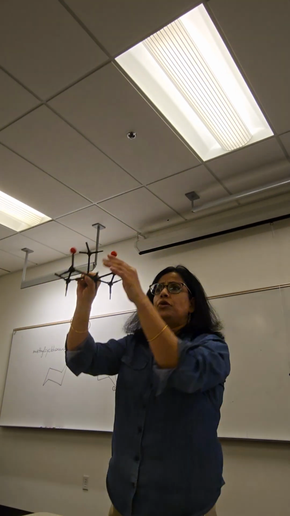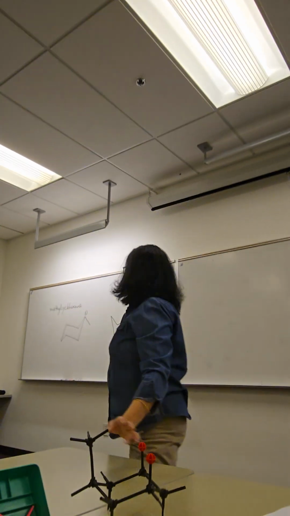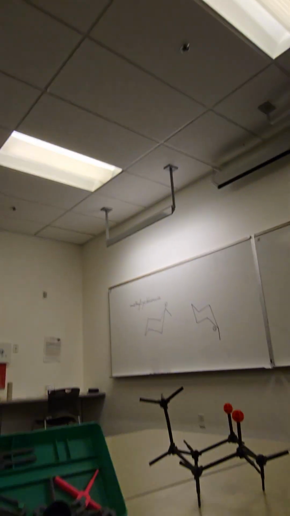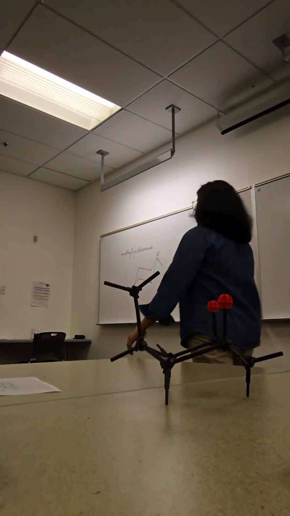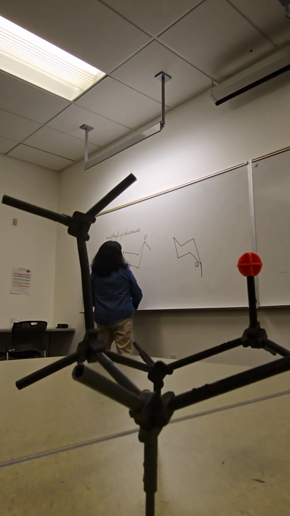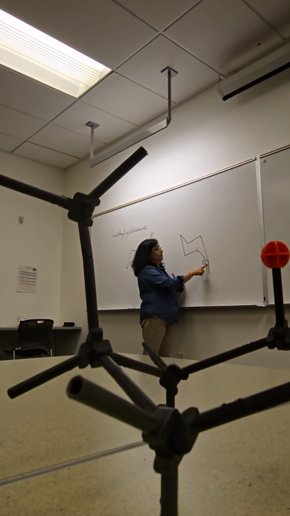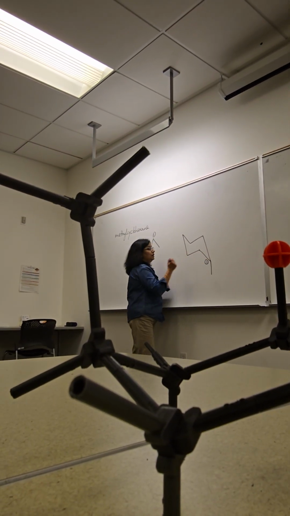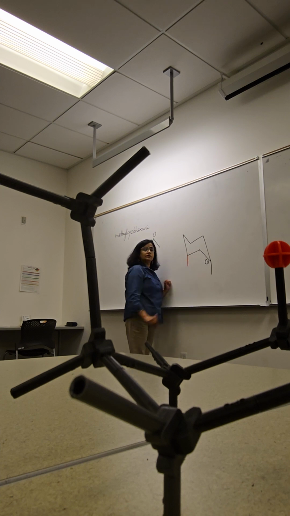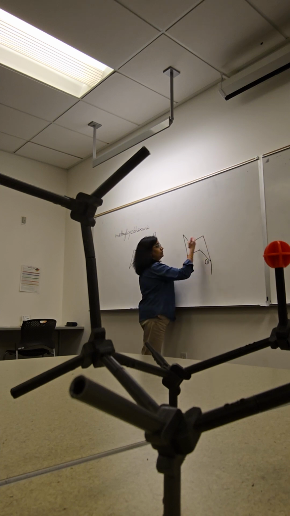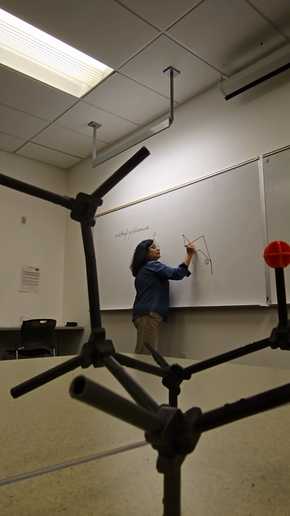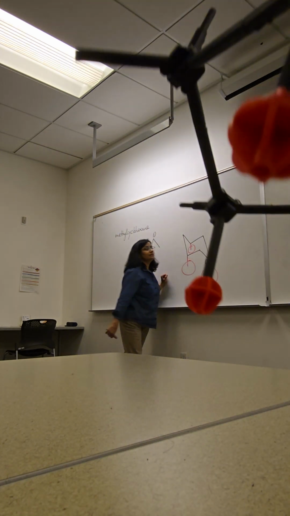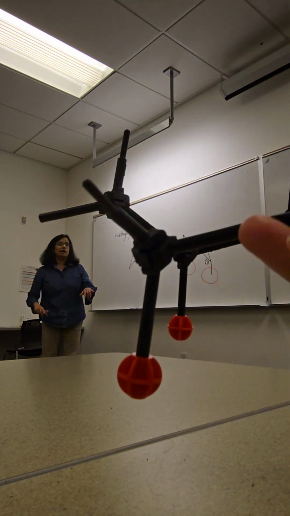Let me show it to you here on the board, which ones am I referring to? There are two axial positions on the third carbon. If this is carbon 1, 2, 3, so this axial position, and 1, 2, 3 on the other side as well. The electron cloud here and the electron cloud here interacts unfavorably with the electron cloud there.